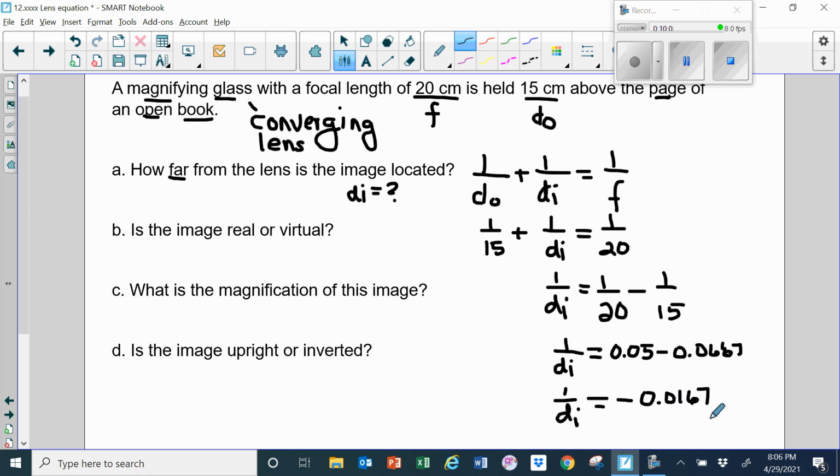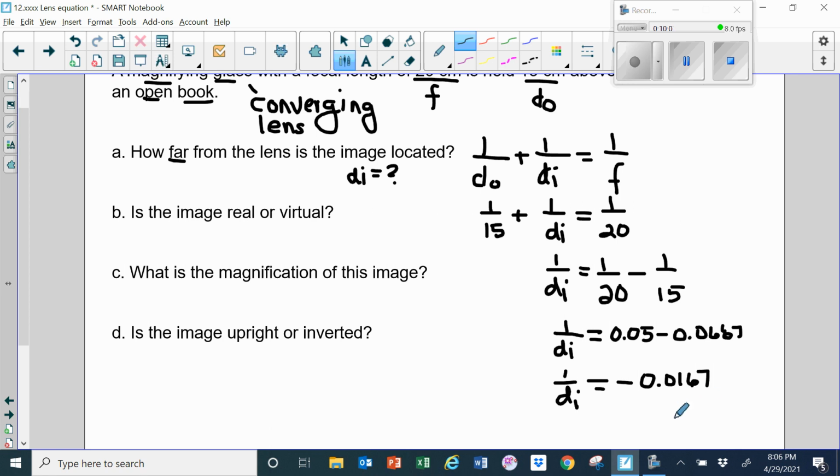And of course, I've got to solve for DI, so DI is going to equal 1 divided by minus 0.0167. So DI is going to equal a negative 60.